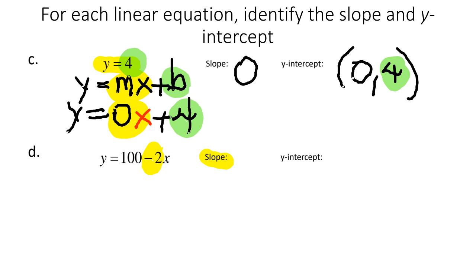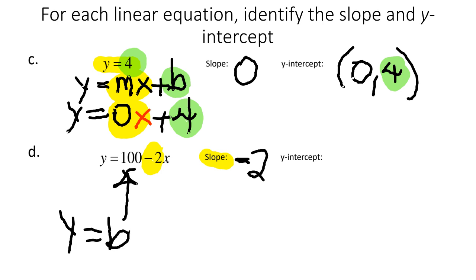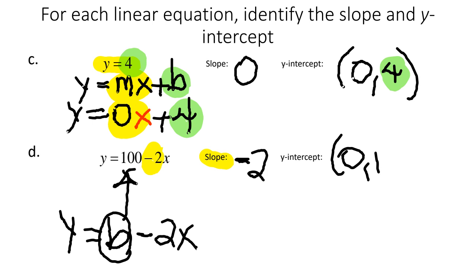Well, my slope is negative 2. My b, I went and switched it. I wrote this as y is equal to b minus 2x. This b is (0, 100). Okay?